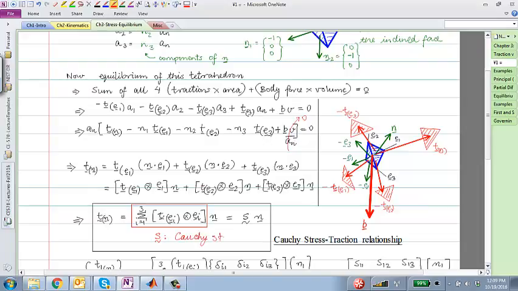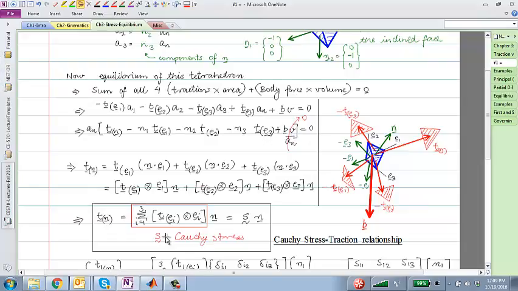And the name Cauchy stress is also important because there are different types of stress measures that we'll come up with maybe in the next couple of lectures. So this Cauchy stress is a very fundamental quantity when you are doing equilibrium.